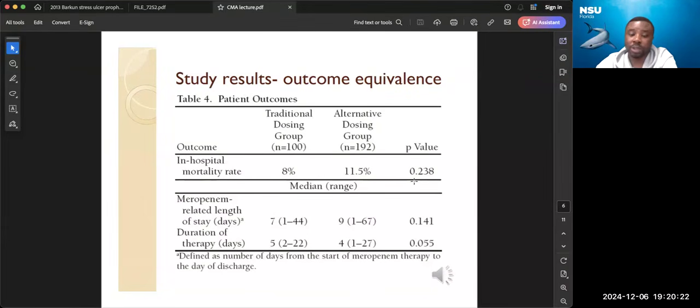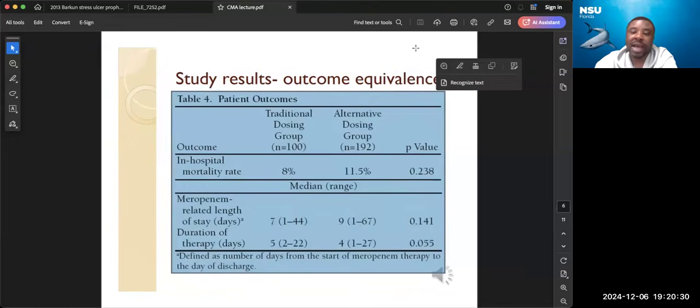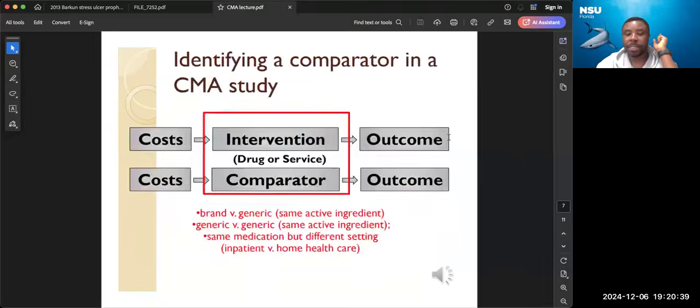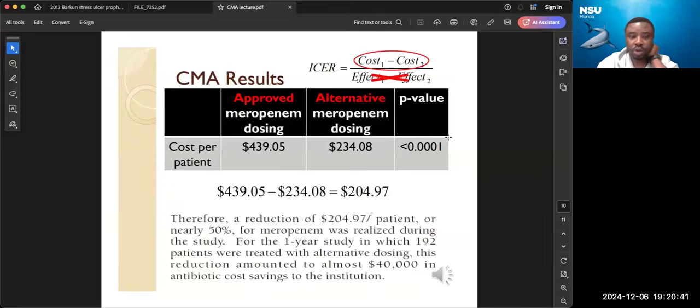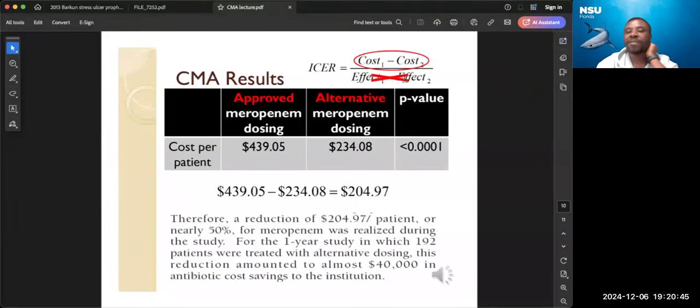So in cost minimization analysis, you have to prove that the two comparators are the same. Either they are the same because they are the same molecule and have the same effect, or they are different molecules but have the same effect. In doing that, you have to know that the effects will cancel each other out, so the effect of one is the same as the other.